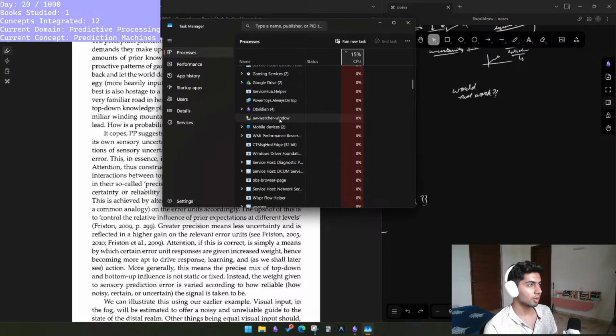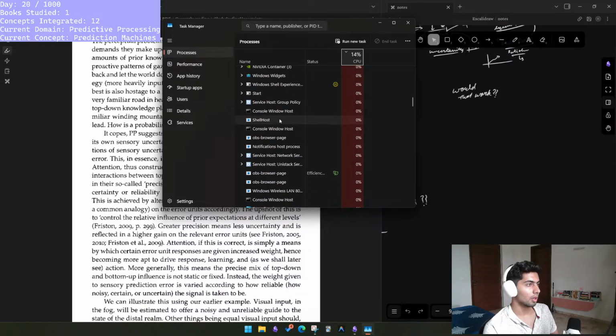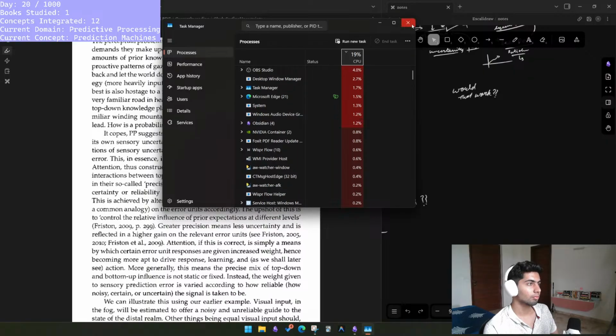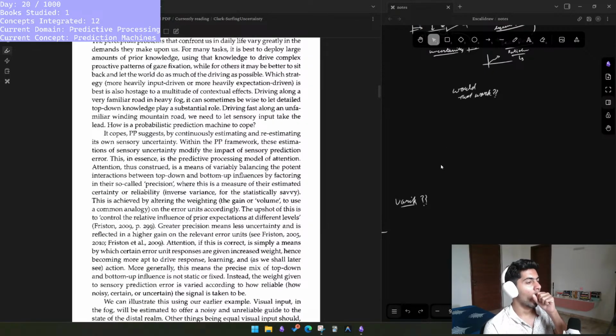This one is just taking 0.8%, which isn't much. A lot of different things are just at 0. OBS is taking 5 to 10% or something, but it's not much, honestly.